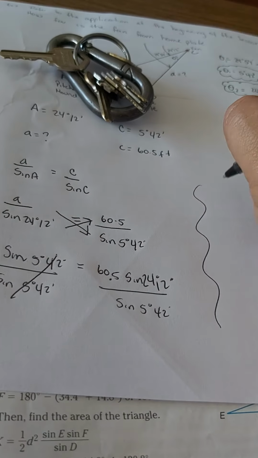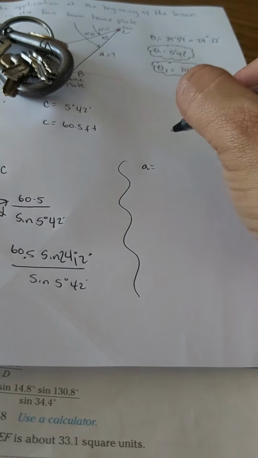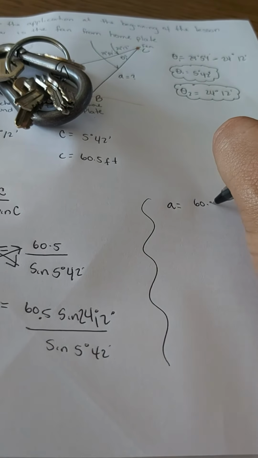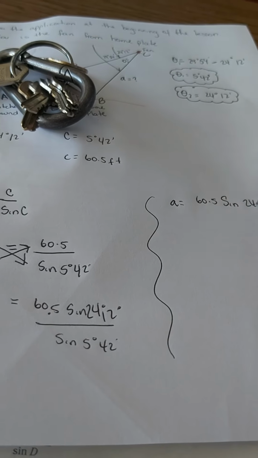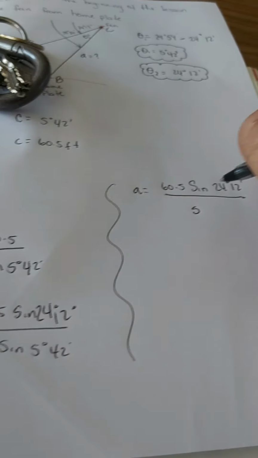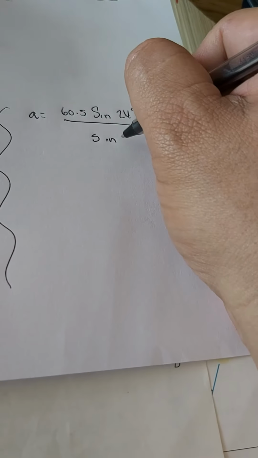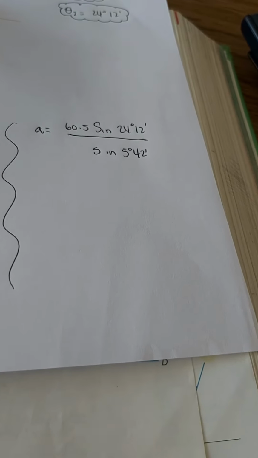So we get that the distance the fan is from home plate will be 60.5 sine of 24 degrees 12 minutes divided by sine of 5 degrees 42 minutes.